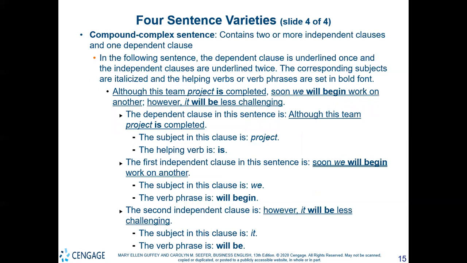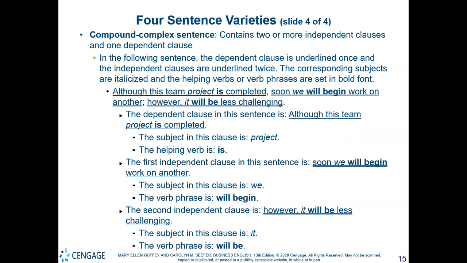Four sentence varieties. A compound-complex sentence contains 2 or more independent clauses and 1 dependent clause. In the following sentence, the dependent clause is underlined once and the independent clauses are underlined twice.